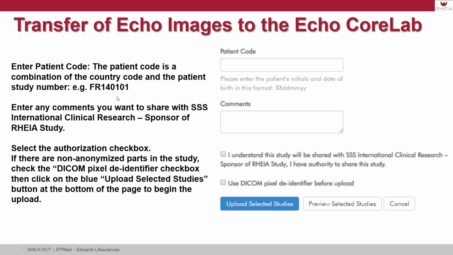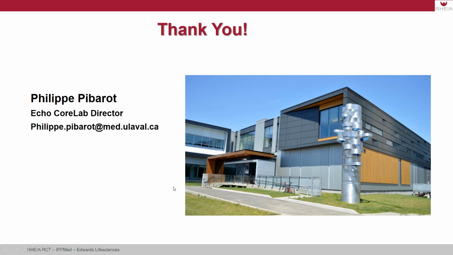But all this is well explained in the tutorials by Image Share. And there is also a specific tutorial that describes the patient coding. And then any comment if you have, then you have to click a few things and it's done, you can upload.